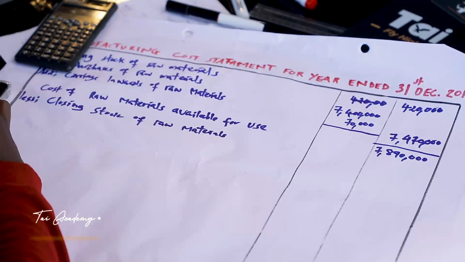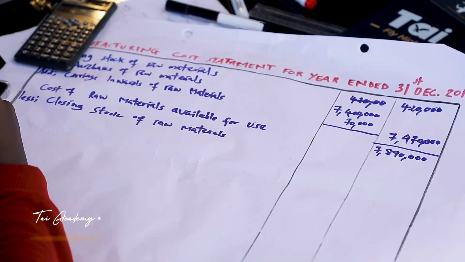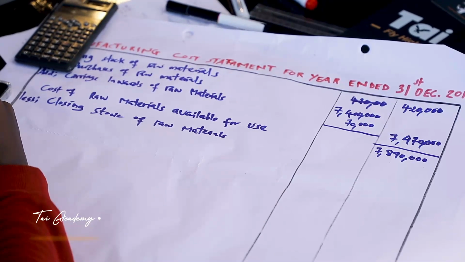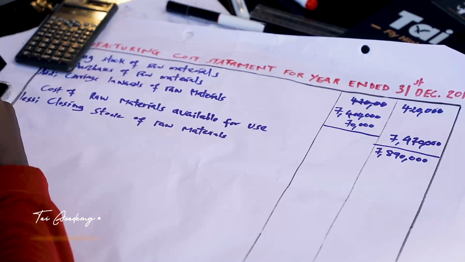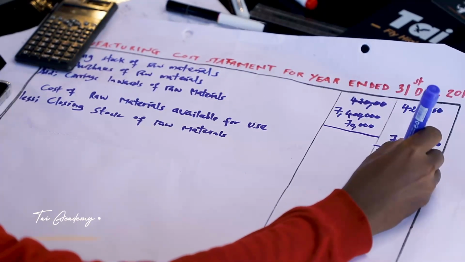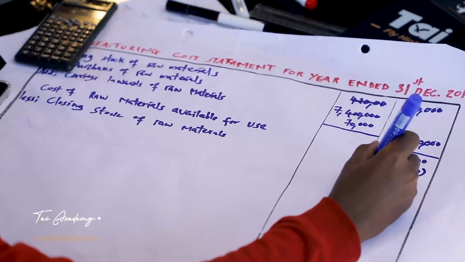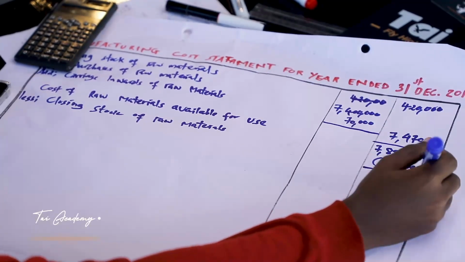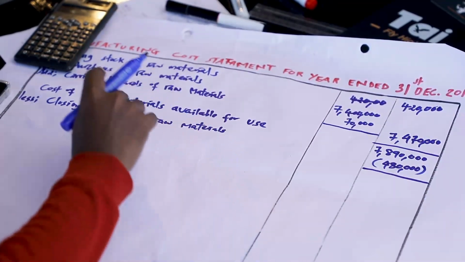And the closing stock is not in the trial balance, so we are going to take it from the additional information, which says inventory of raw materials of 480. When I'm lessing, I'm going to put a bracket showing that the amount will be less.